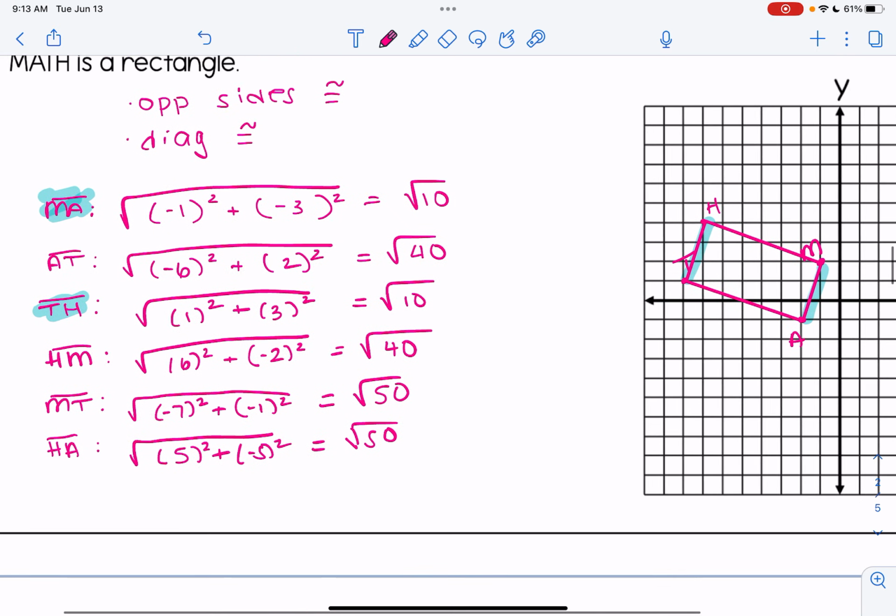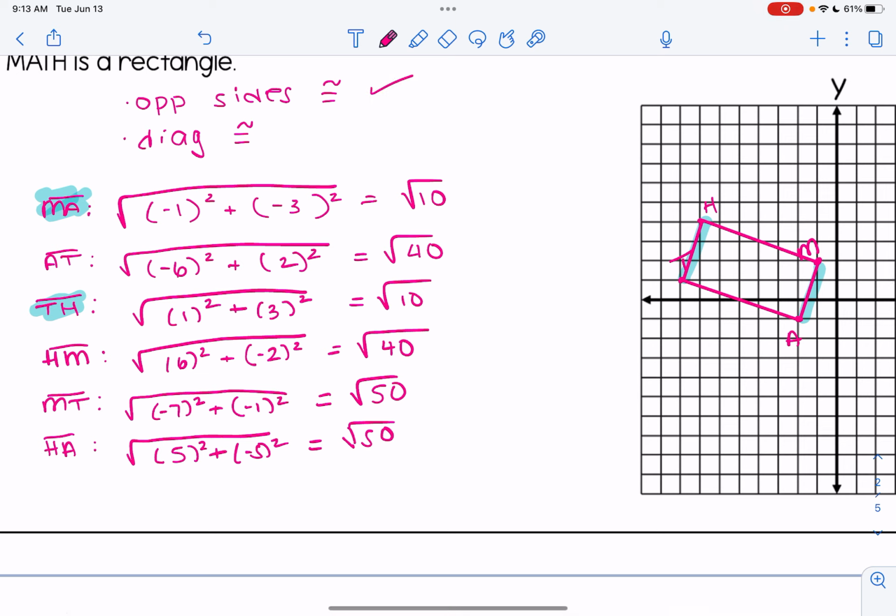So everything that we wanted to happen happened. We showed the opposite sides are congruent. We showed the diagonals are congruent. We just need to write an explanation, kind of like wrapping it up, a conclusion.